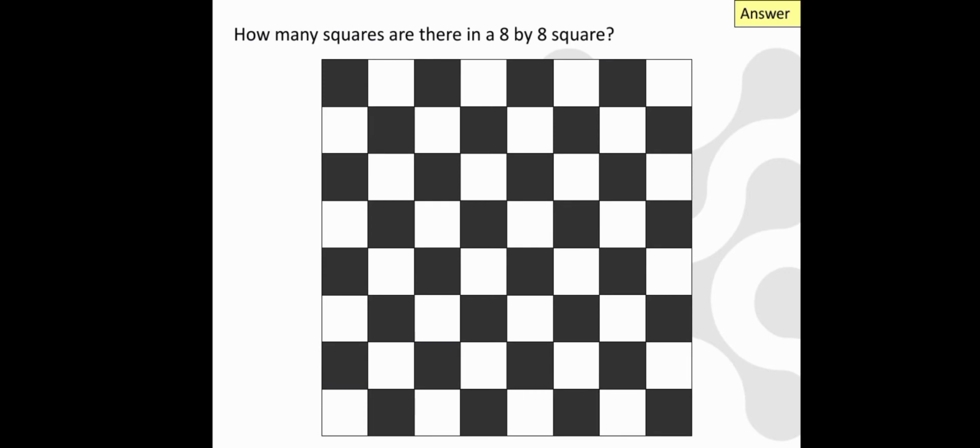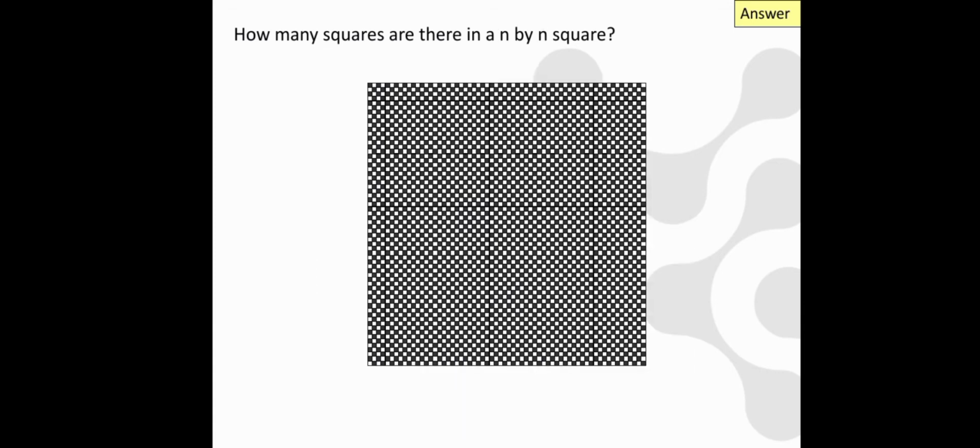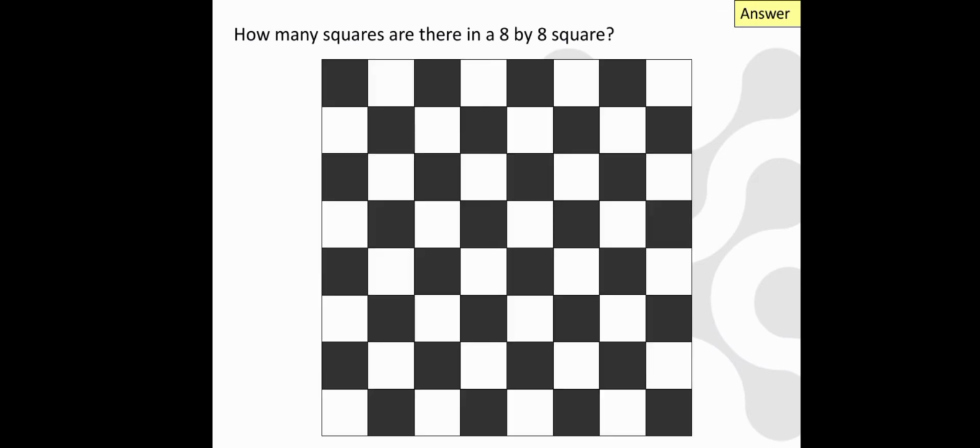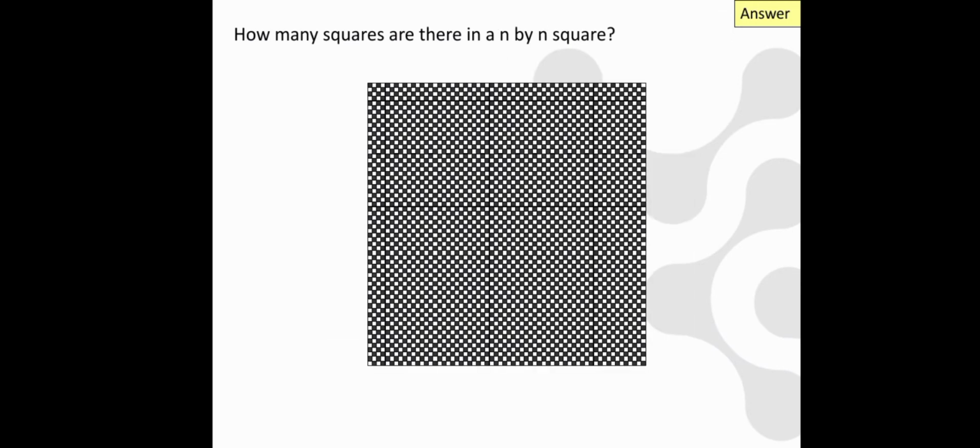What about if we are asked how many squares are there in an 8 by 8 square? To solve that, and also to solve how many squares are there in an n by n square, we cannot just count them. So we are going to find a formula to answer the questions, how many squares are there in an 8 by 8 and in an n by n square.